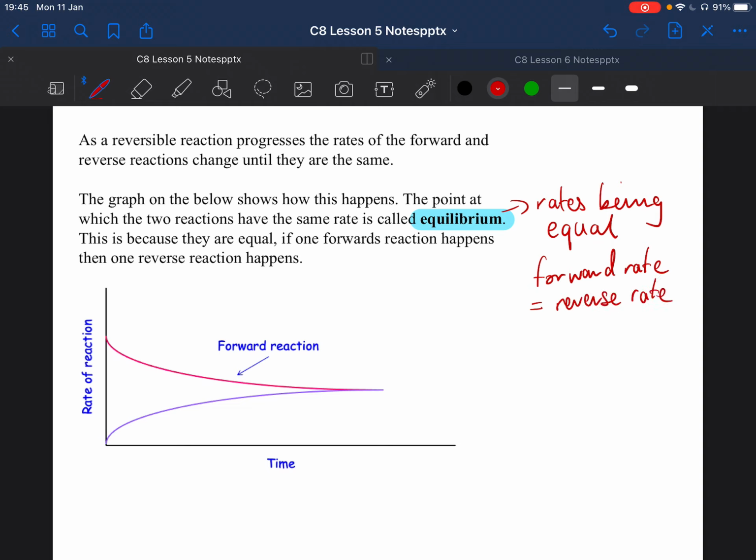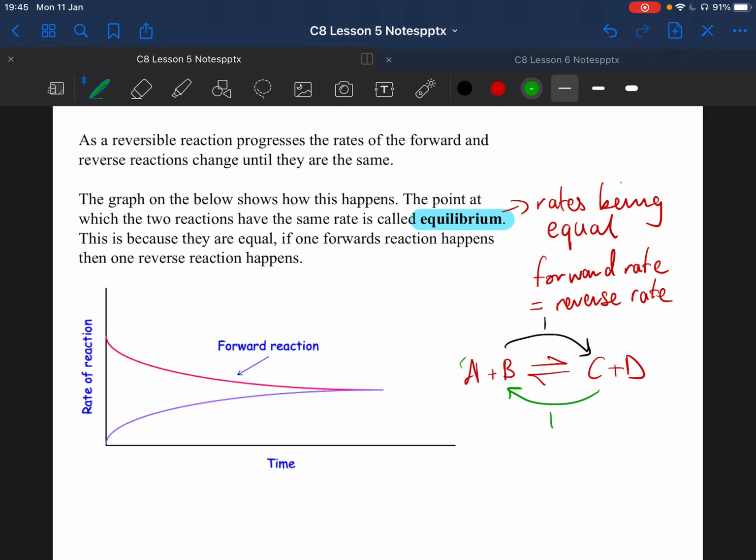So for example, if we had A plus B makes C plus D, for every one forwards, we would have one backwards.